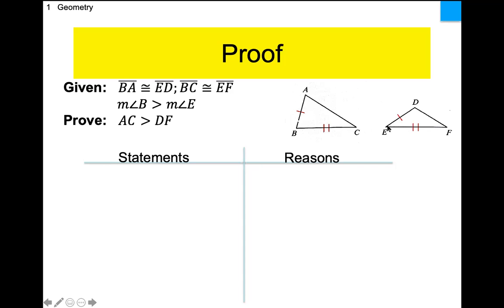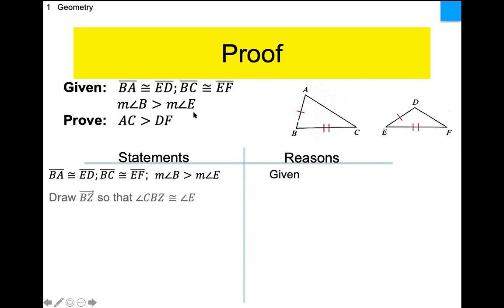Okay. So we're trying to prove that side AC is bigger than side DF, and it kind of makes sense, right? By the way, if we were in class, the visual explanation is I would have shown you that construction of those 2 triangles. All right, so that's my given. I got to show that side AC is bigger than side DF. So the first thing I'm going to do, it's one of those proofs that it's hard to come up with by yourself, is I'm going to draw an additional line, in this case, a ray.